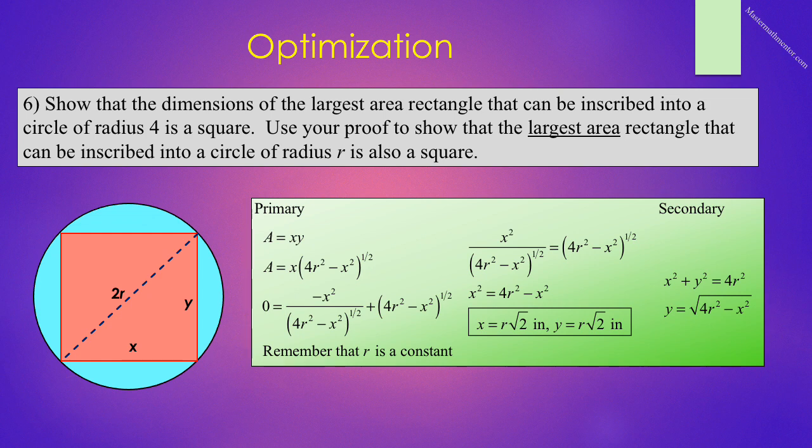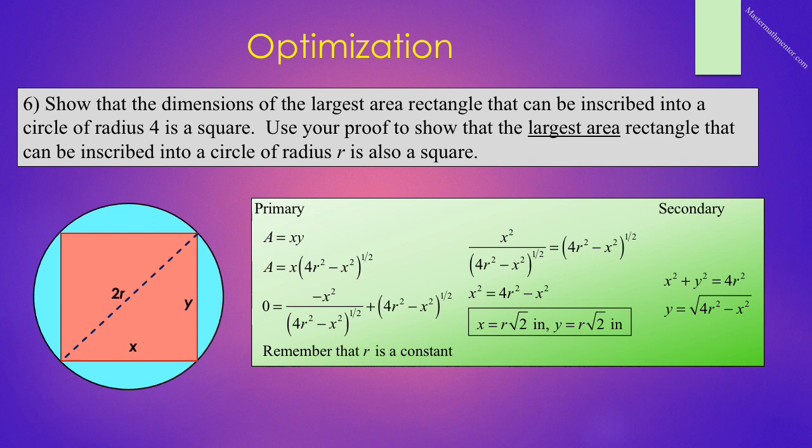To show that the largest area rectangle that can be inscribed into a circle of radius r is a square, we just change our proof slightly, realizing that our radius is r, so our diameter is 2r, and our secondary equation becomes x squared plus y squared equals 4r squared, or y is equal to the square root of 4r squared minus x squared.